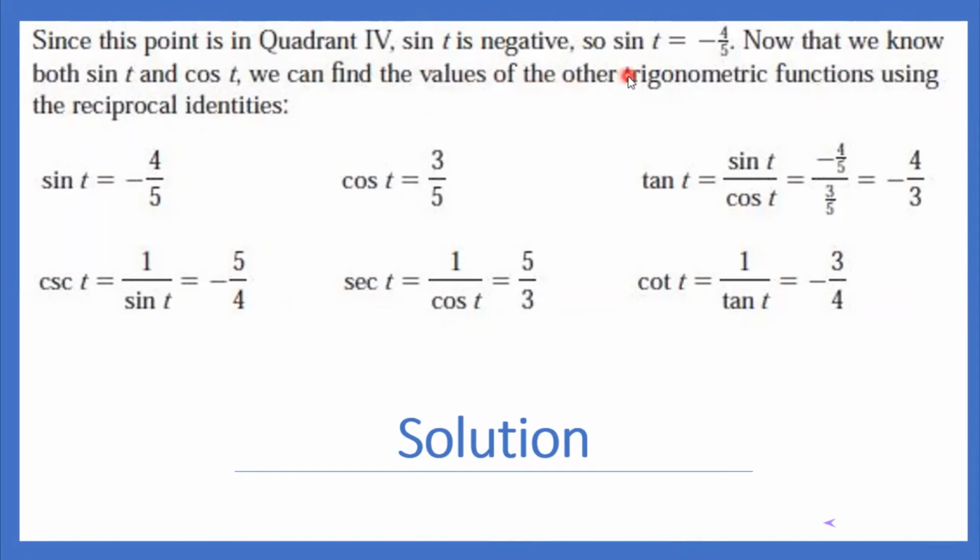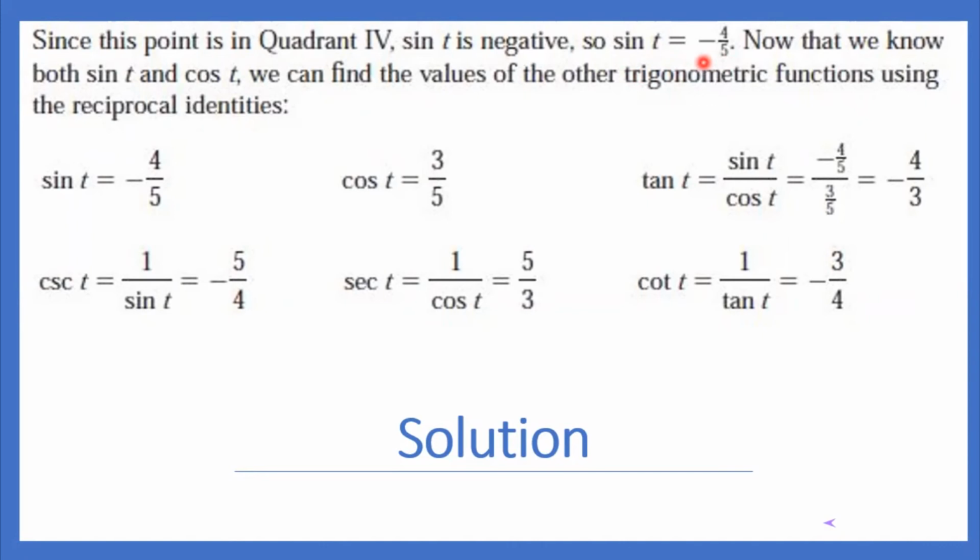Since we have two values of sine t, and we are given the condition that t lies in quadrant 4, we disregard the positive 4 over 5. So sine t is equal to negative 4 over 5.